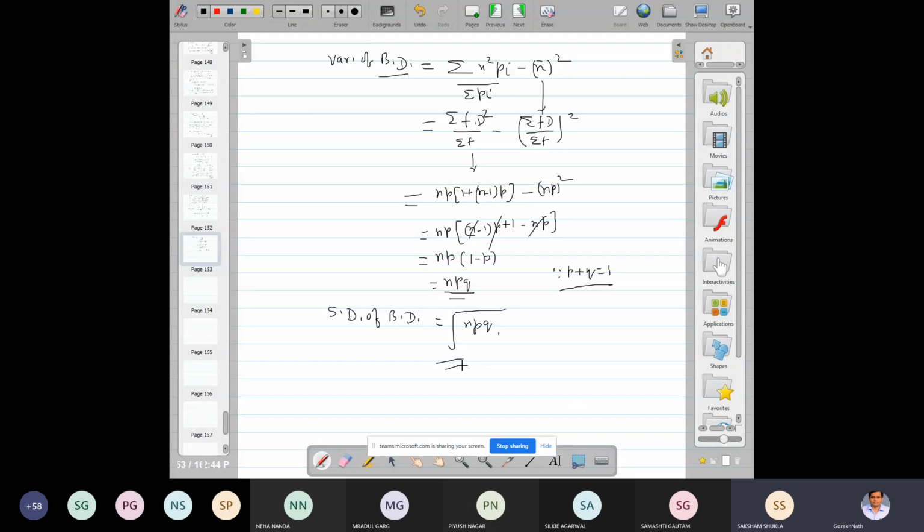So here, suppose for any problem we are to find the binomial distribution, then we need to find the probability distribution function, that is p(r) may be given, and then the mean, variance and standard deviation. If we know these three, with the help of this we can determine the complete binomial distribution, that is the values of n, p, q.